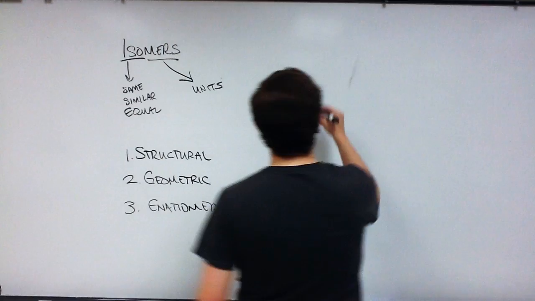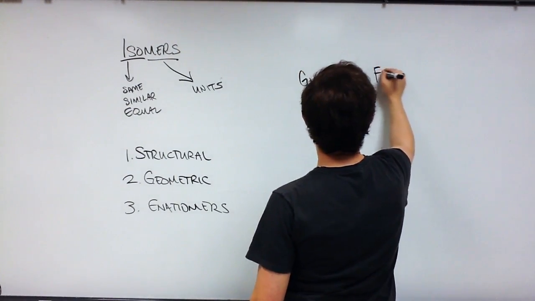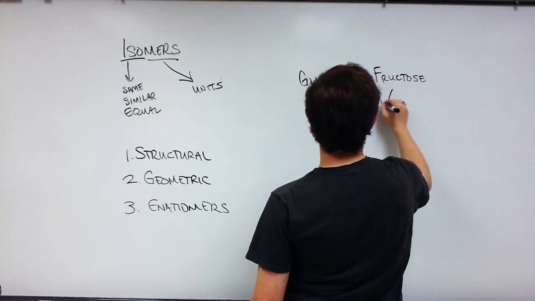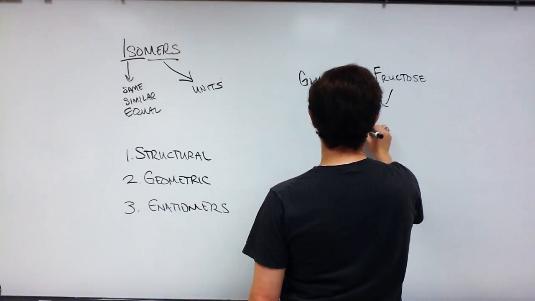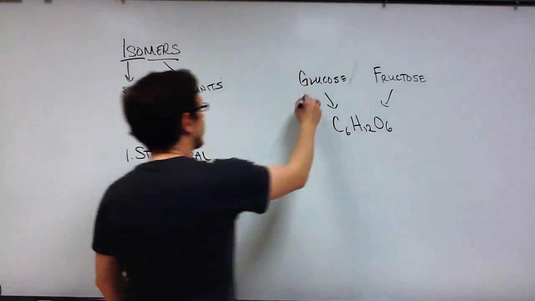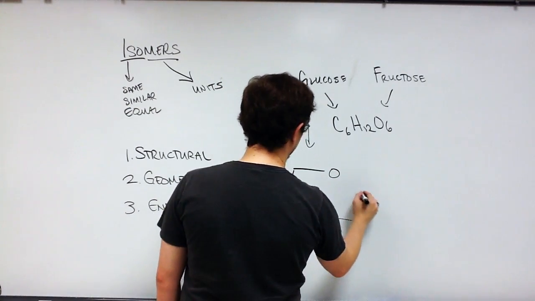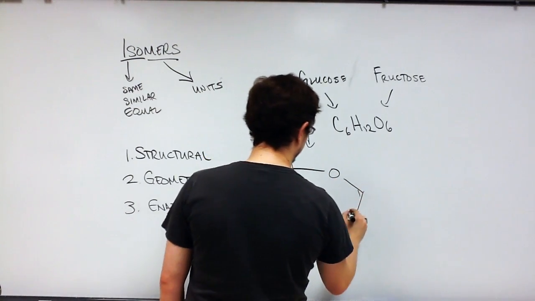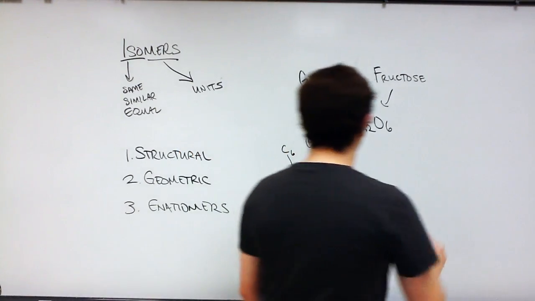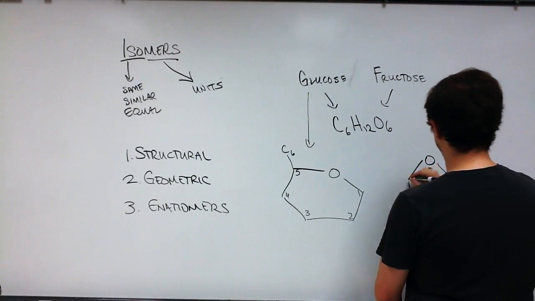For example, glucose and fructose both have the molecular formula C6H12O6. But glucose's ring structure, in regards to its carbons, looks like this, while fructose's ring structure in regards to its carbons looks like this.